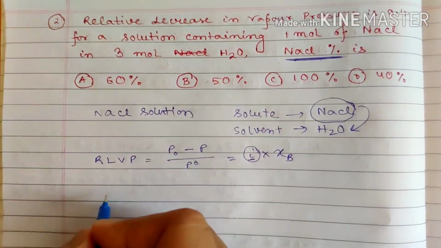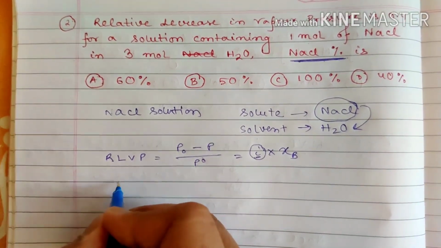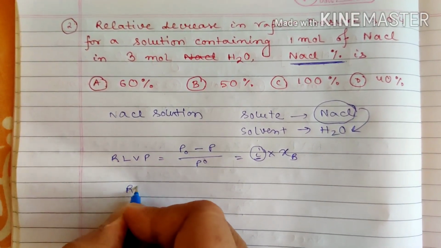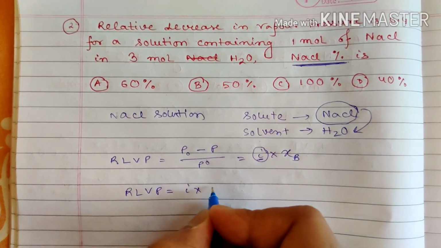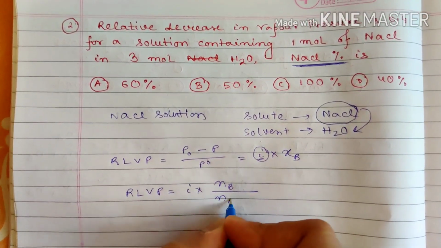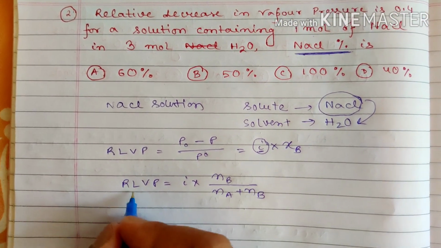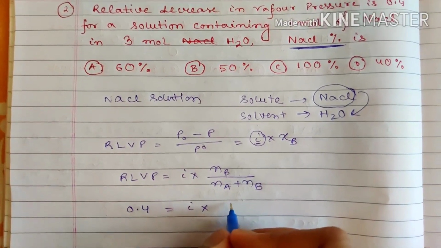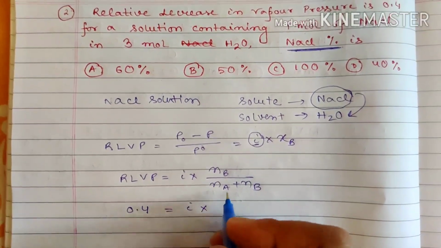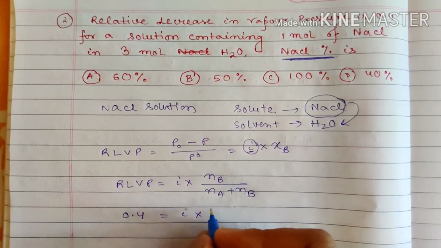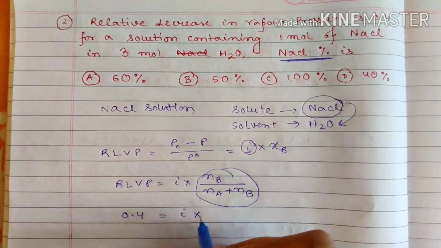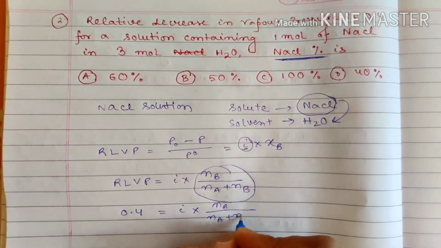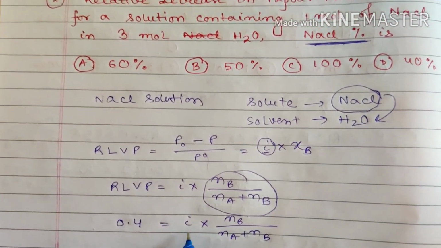Now, let us find out. Here, RLVP, if I rewrite, is equal to i into n_B divided by n_A plus n_B. RLVP value is 0.4, equal to i into the n_B value. We all know that, I am just rewriting. So here you see the i.